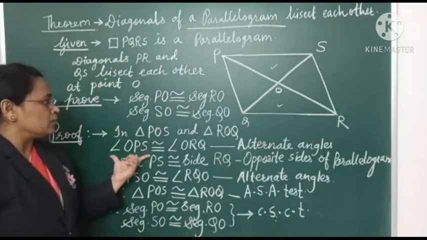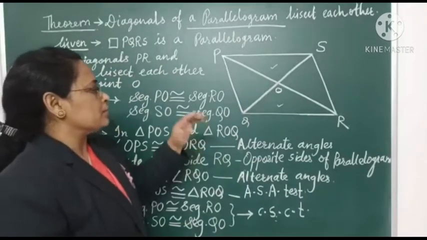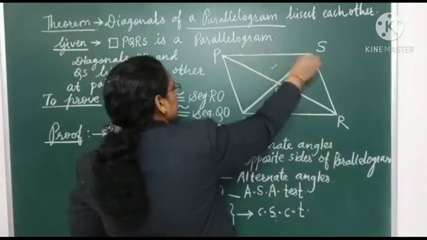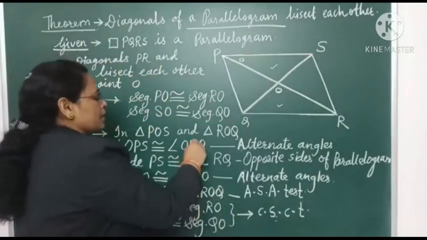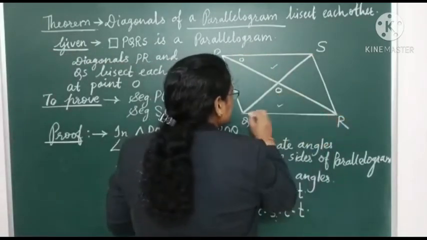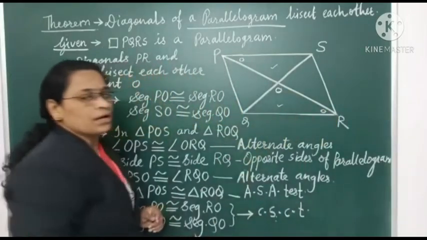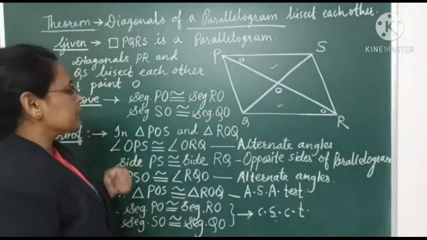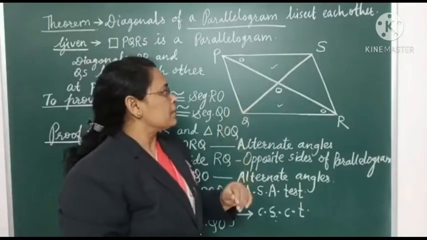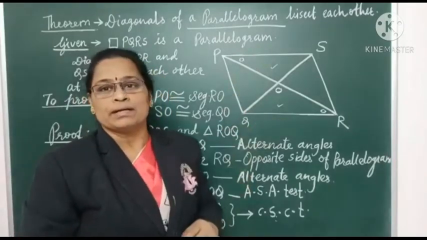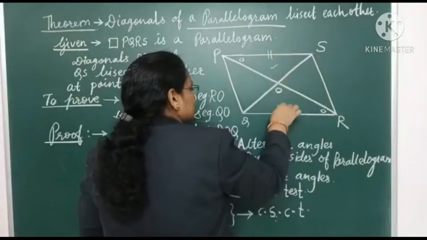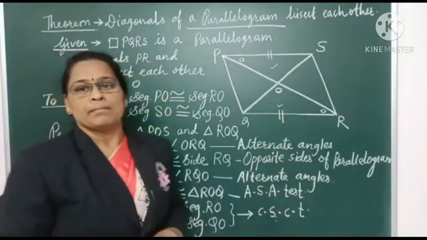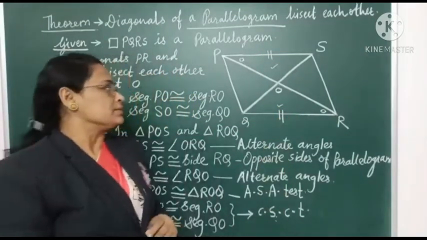First one, we'll see angle OPS congruent to angle ORQ. Alternate angles. Similarly, by the property of the parallelogram, opposite sides of the parallelogram are congruent. So we write here PS congruent to QR. Second element of both the triangles, we have shown that it is congruent.